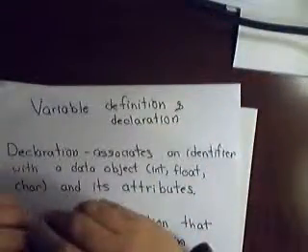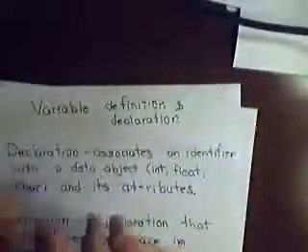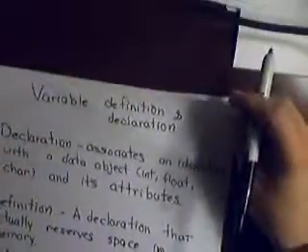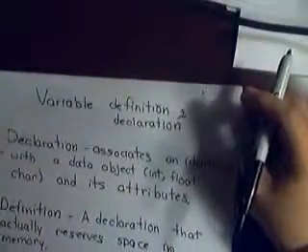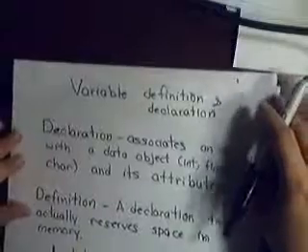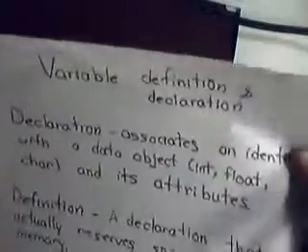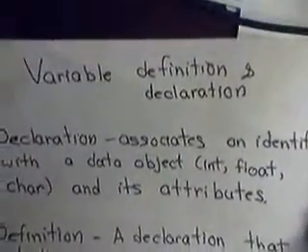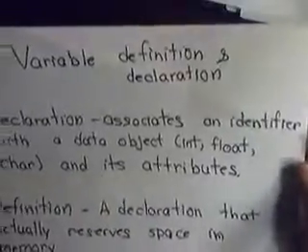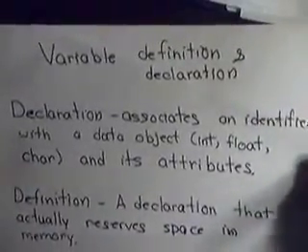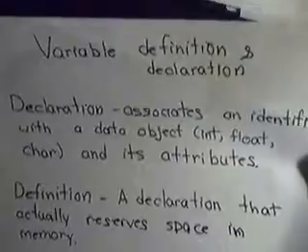Going back, once we know something about specifiers, identifiers, and modifiers, we also need to look at two ideas. One is declaration, and the other one is definition of variables. The declaration associates an identifier with a data object, int, float, char, and its attributes.